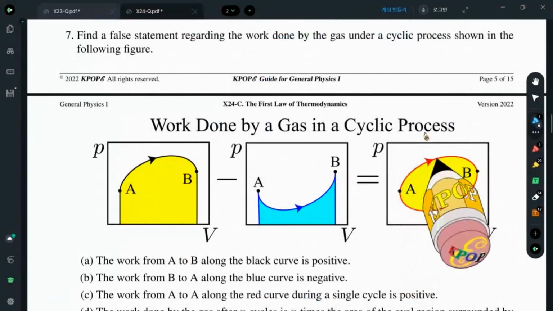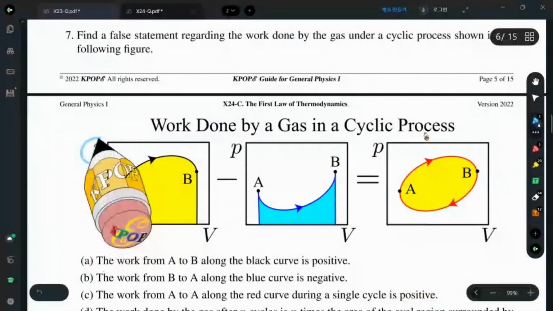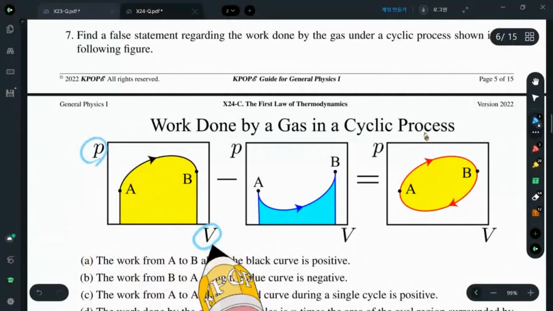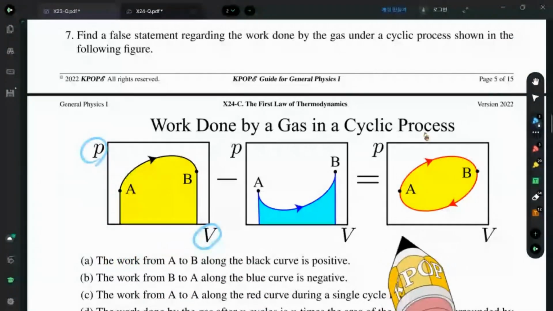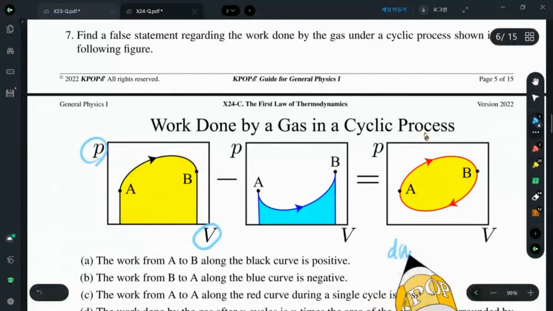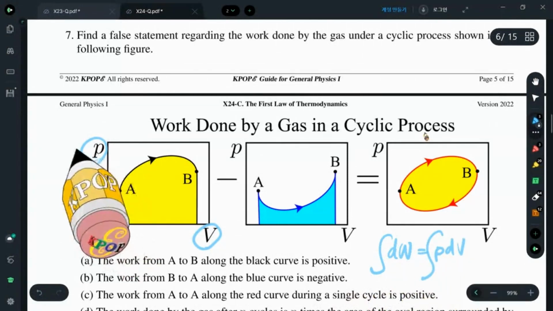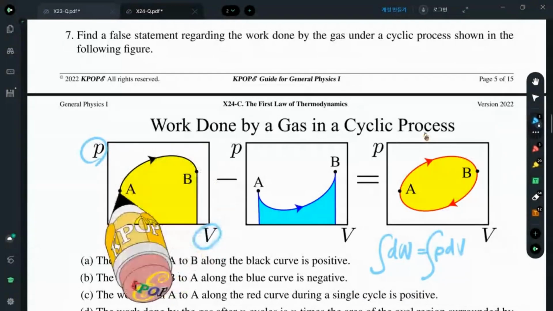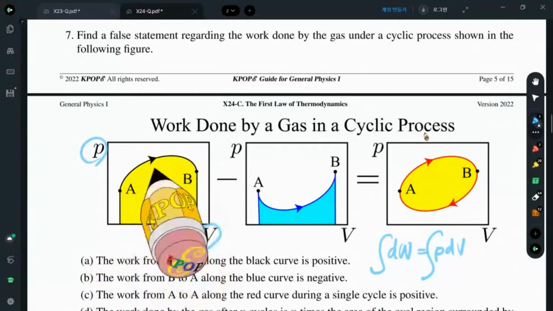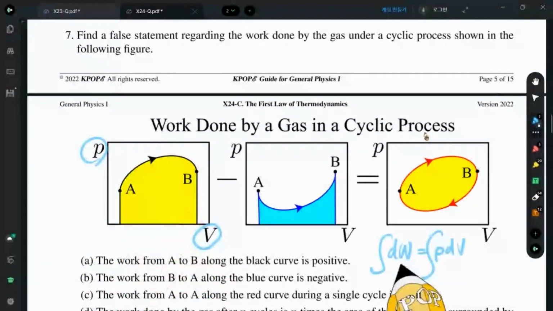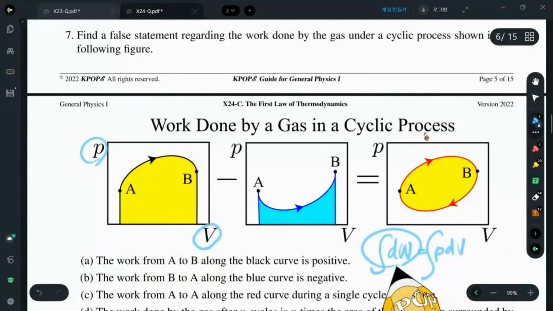We have a cyclic process, and we have a volume-pressure plot. Remember, the work done by a gas is PdV. PdV means the area under the pressure curve, and that area represents the work done by the gas.